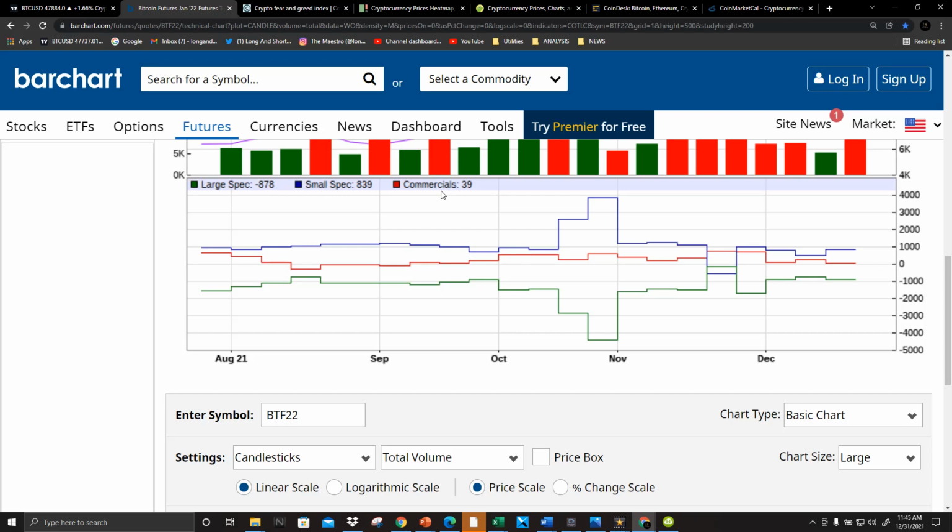Large speculators are hedge funds, banks, the whales out there, right? Because in crypto, since the space is smaller, large speculators don't have to have as much money to be considered a whale per se, right? A whale could be a guy with $100 million, but if that guy with $100 million walked into a Wall Street firm and tried to consider himself a large speculator, they would laugh him out of the room, okay?